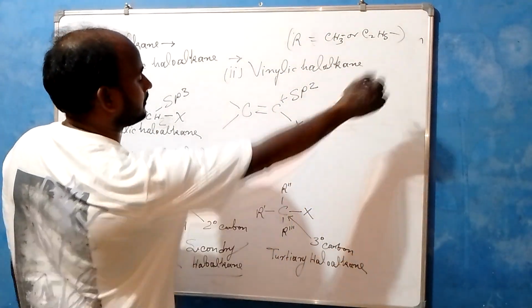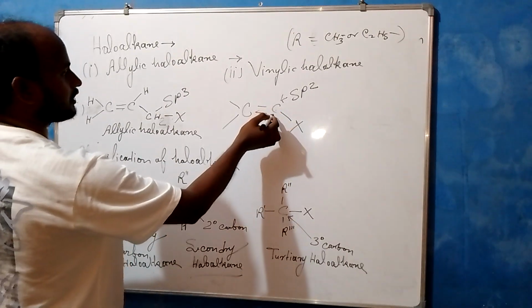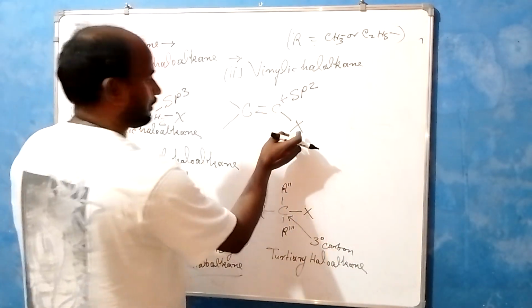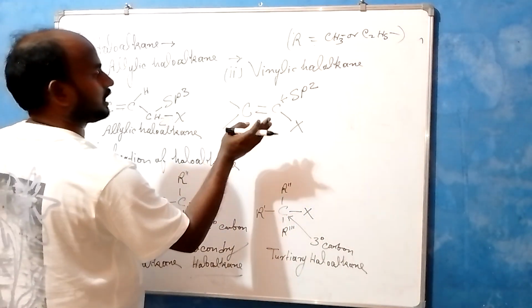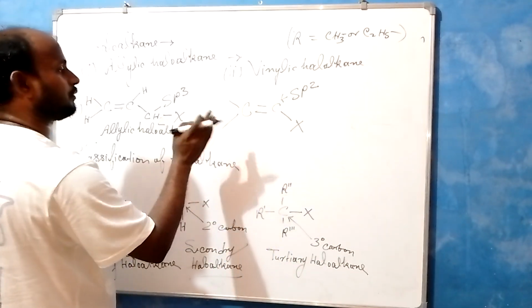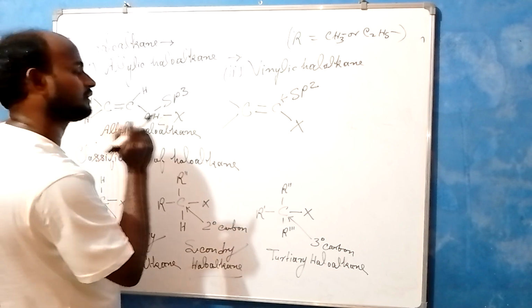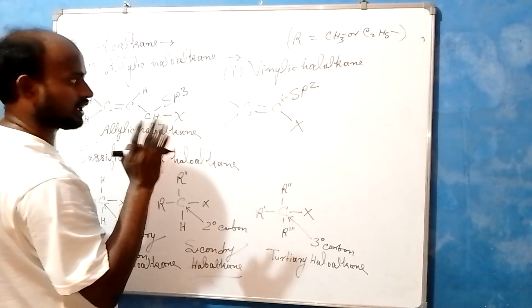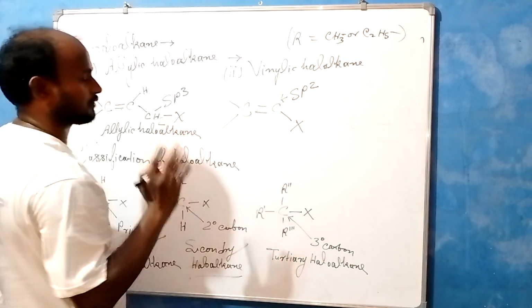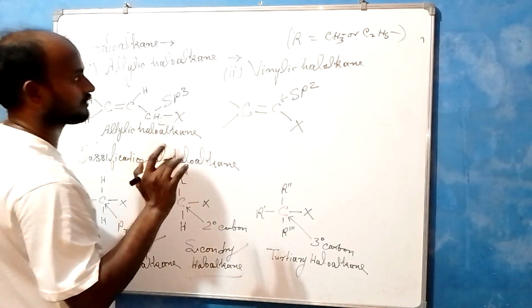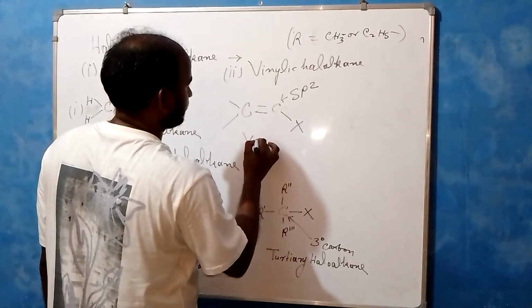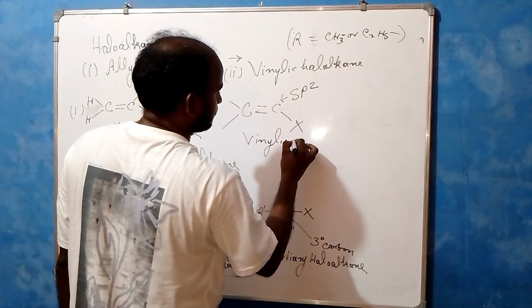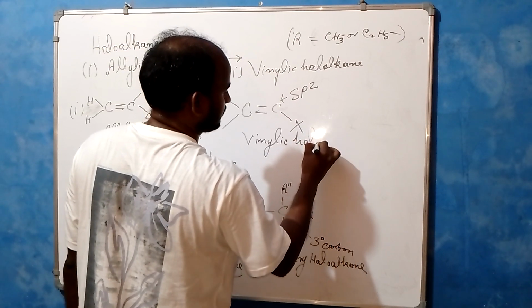When the halogen atom is attached directly to the double bonded carbon atom, and the double bonded carbon atom to which the halogen is attached is sp2 hybridized, then it is called vinylic haloalkane.